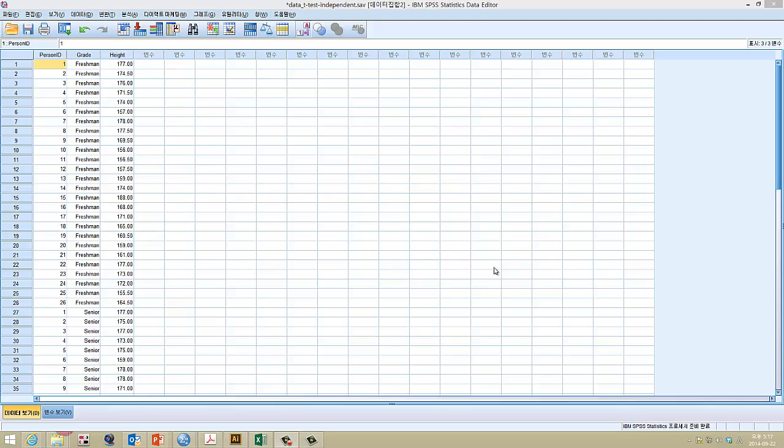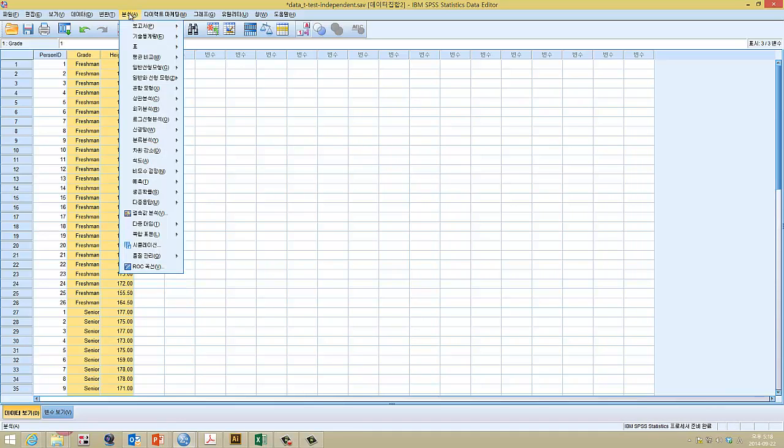Using SPSS, of course, you can perform the independent t-test. In SPSS, please be aware that you should give the data in this way. So one column is identifying which group each height score belongs to. So you need two columns. One is for the membership of the data, and the second variable is actually the height.